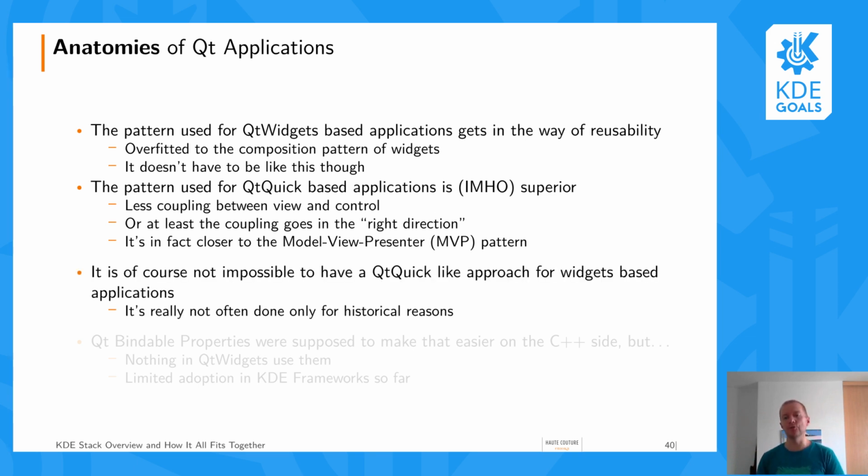It's, of course, not impossible to have a QML-like approach for widgets-based applications. It's not often done, for historical reasons, because of the way the documentation on Qt is worded and so on.